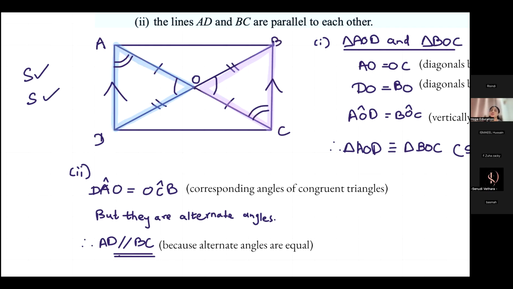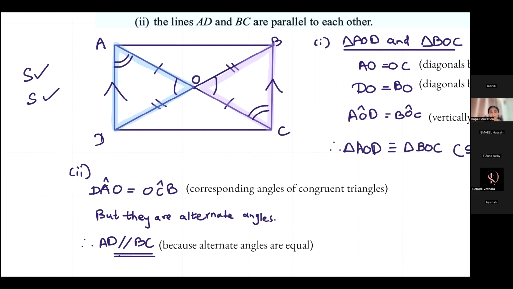If these two triangles are congruent, all the angles of one triangle are equal to all the angles of the other triangle. Because of that only, we say that this angle and this angle are equal. Why? Because they are corresponding angles of congruent triangles. Because these two triangles are completely identical, right? That is the meaning of congruent. Congruent means all the sides are identical, all the angles are identical.